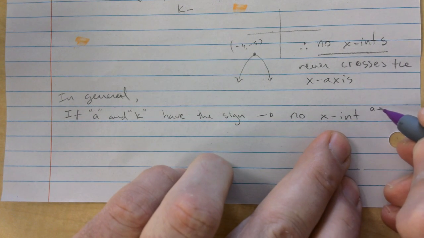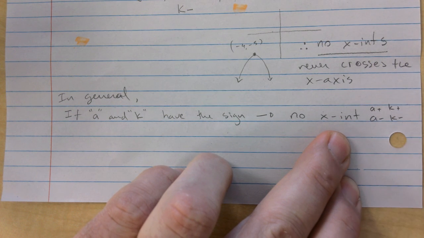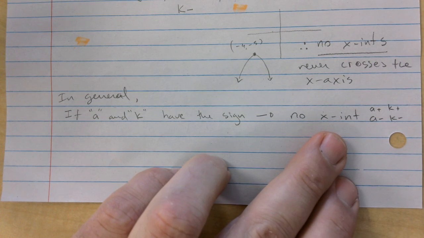So if A is positive, K is positive, A is negative, K is negative, you'll never have an x-intercept.